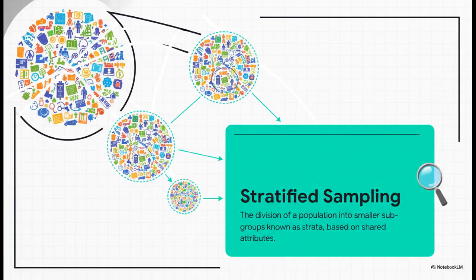Instead of just grabbing a random handful of clothes, what if you first sorted it into piles: shirts, pants, socks? Then you took a few items from each of those piles. That's exactly what we're doing here. We take a diverse population, divide it into these more uniform subgroups that we call strata, and then we do a simple random sample inside each one. This makes sure we get a sample that truly represents the entire population.